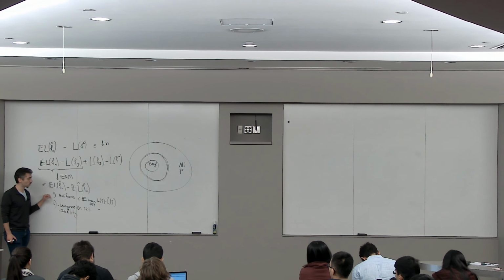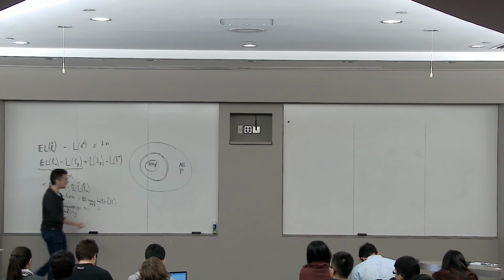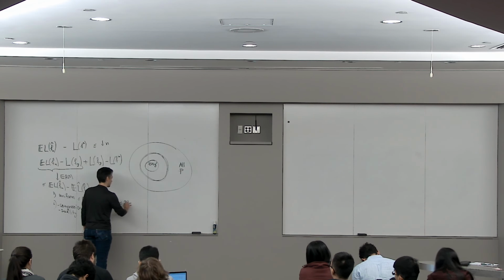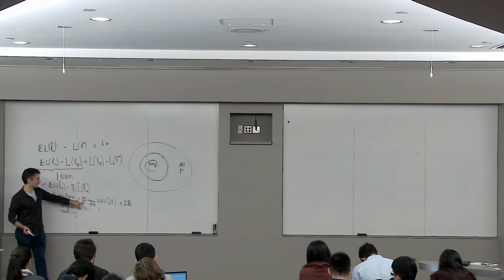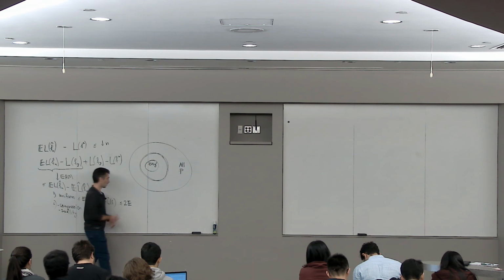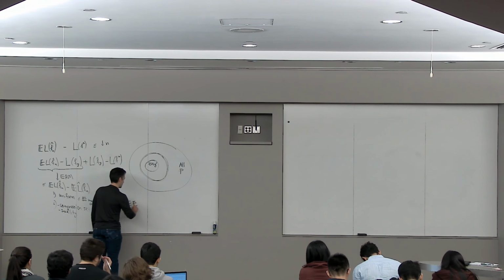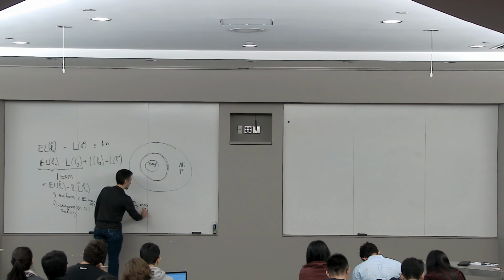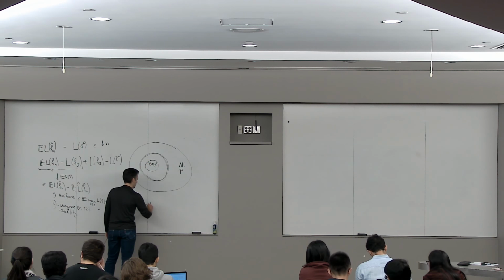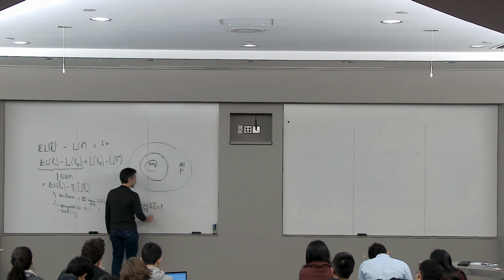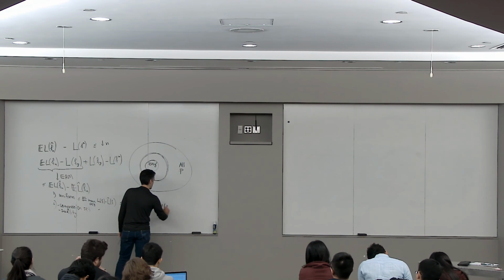And to understand the uniform deviations, we got a very simple upper bound: twice the expectation over the data of the expectation over epsilons of the max over f in F of 1 over n times the sum of epsilon i times the loss function of f on x i, y i.